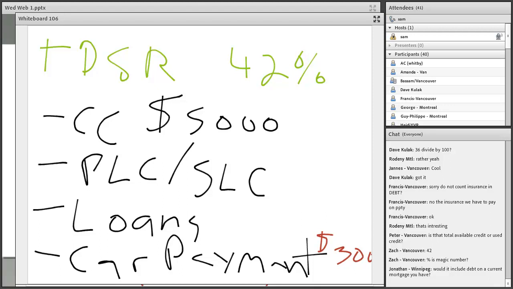On top of the $300 car payment, you're looking at $450. So there's an additional $450 a month of expenses on top of the other screen where we had the GDSR, which I believe was $2,500. Yeah. Okay. So now you're at $2,950.